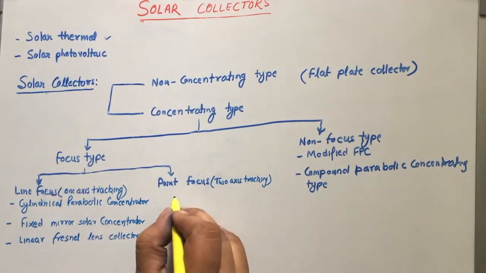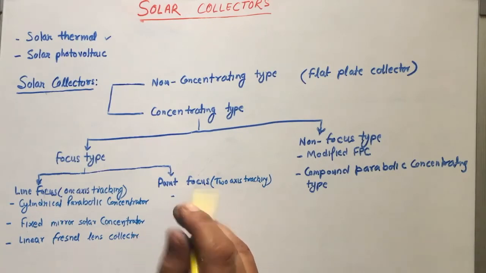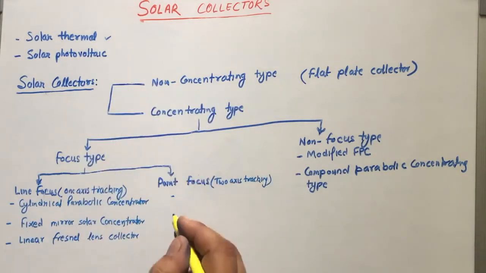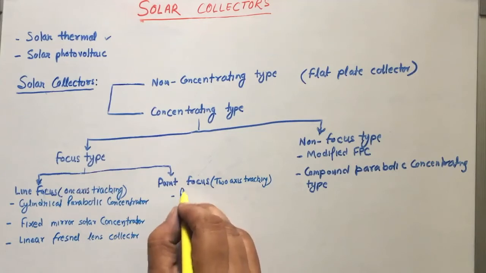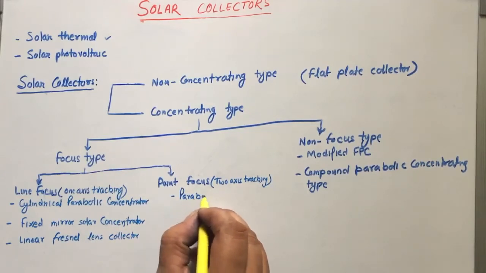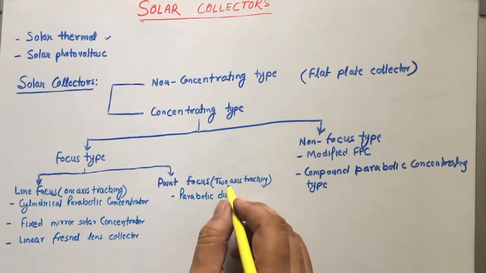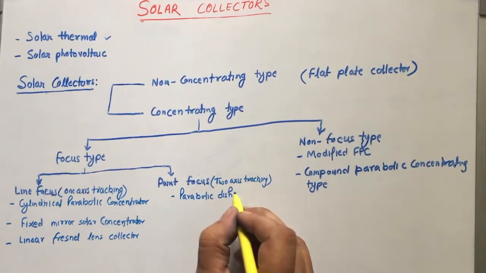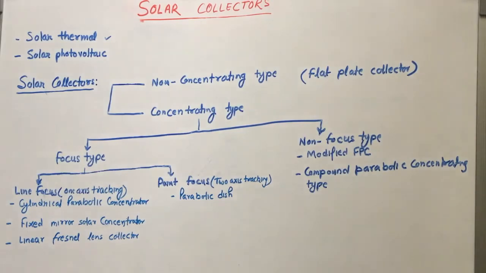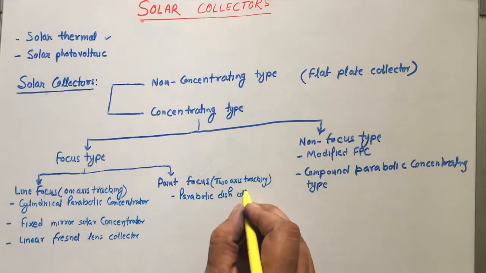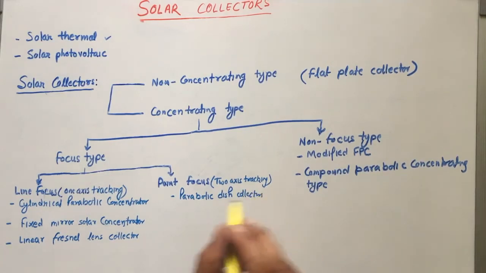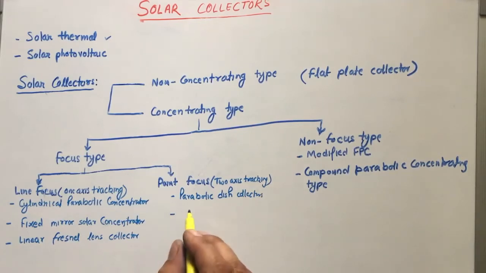And in point focus, we will discuss parabolic dish collectors. These are very simple technologies, we just have to follow them one by one and we will understand all of them very easily. Next we can have hemispherical bowl mirror concentrator.